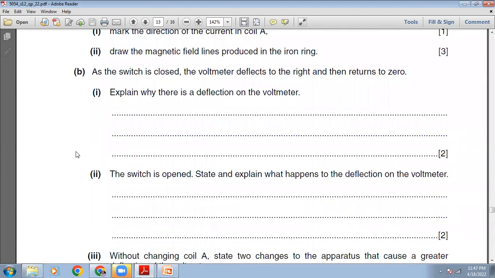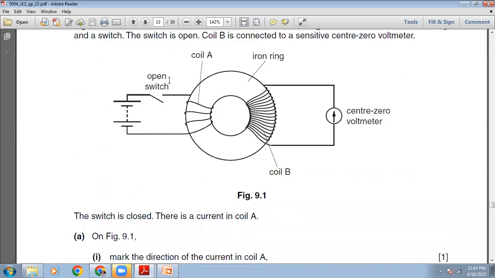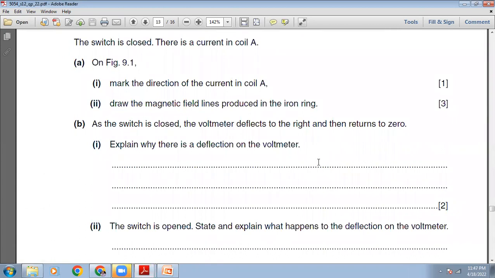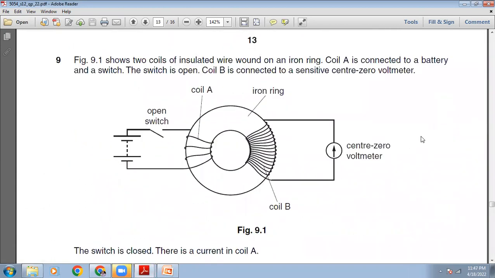Then the B part says, as the switch is closed, the voltmeter deflects to the right and then returns to 0. They are asking, explain why there is a deflection in the voltmeter. So when you closed it, this voltmeter deflected to the right and then came back to 0. Why did this happen?